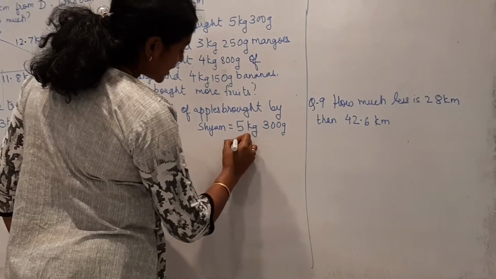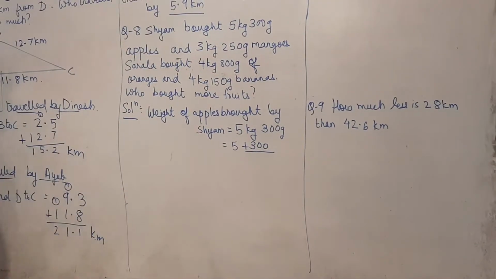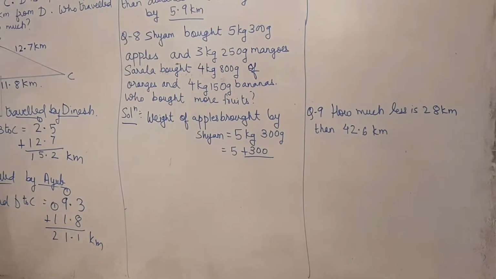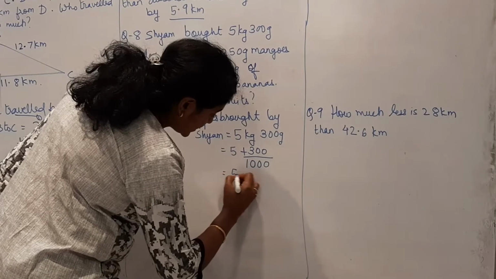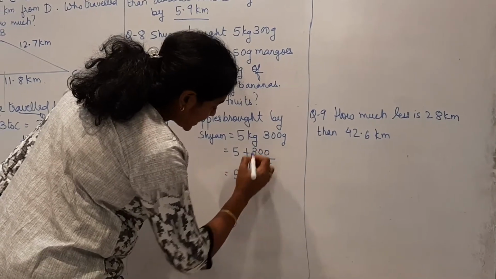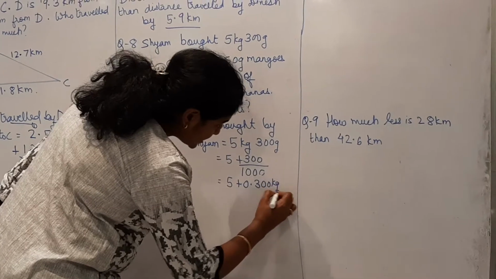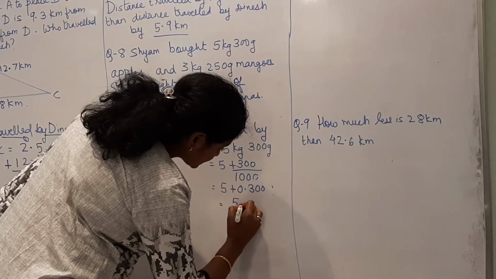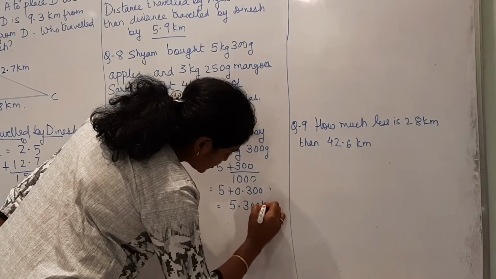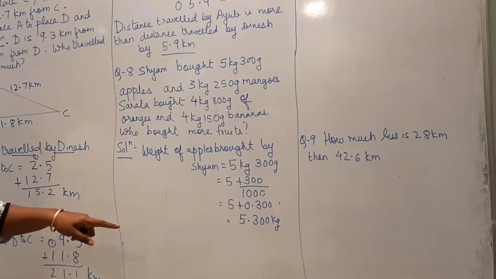To convert gram into kilogram you have to divide by 1000. So divide by 1000, the point will come here, it will be 0.300 kg. So I have converted, so 5 plus 0.300 is 5.300 kg. This is the weight of apples.